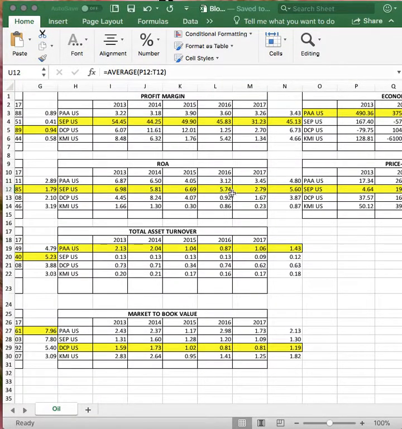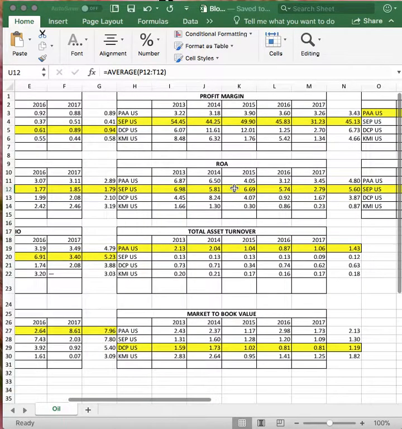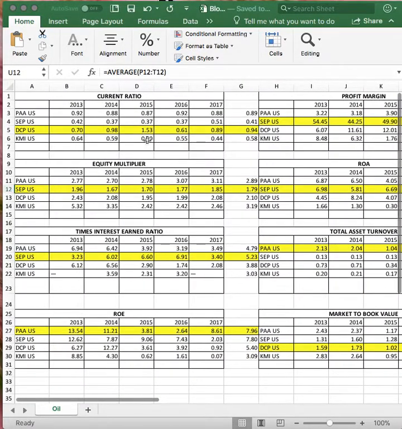This shows that SEP has a lot of room to grow, even though its current ratio is very low, and it shows that the company may not have the ability to meet its obligations in the future. If they take the right steps, they can be a really good company to invest in for the future.